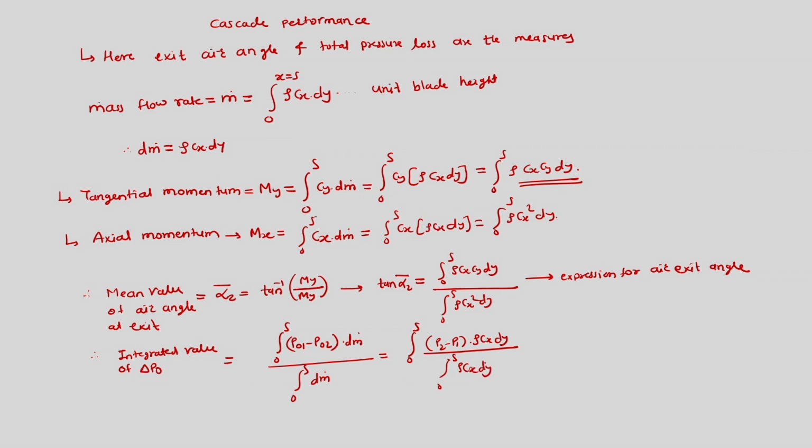So these two expressions, for one dimensional flow where tan alpha 2 is equal to Cy by Cx and delta P naught is equal to P naught 1 minus P naught 2.